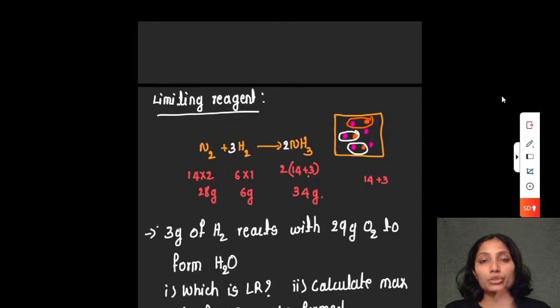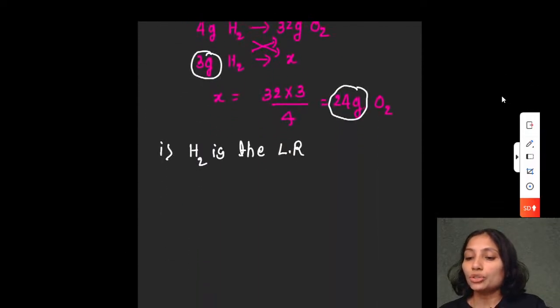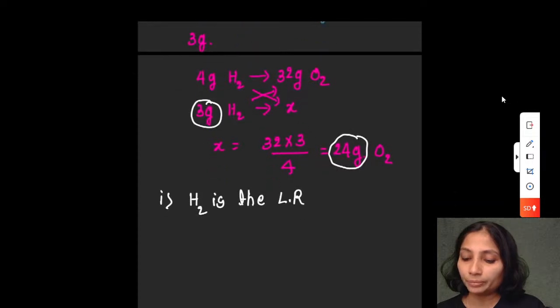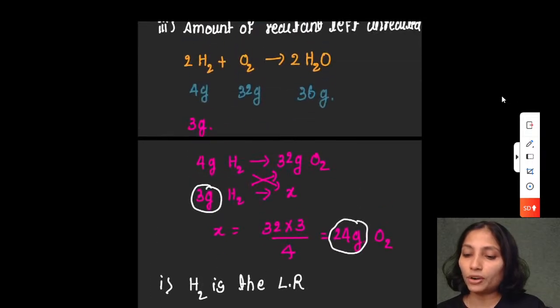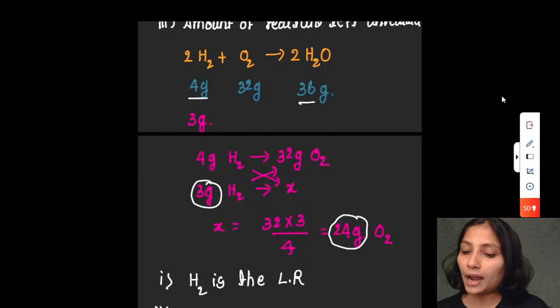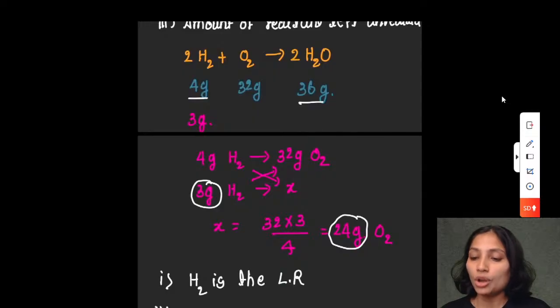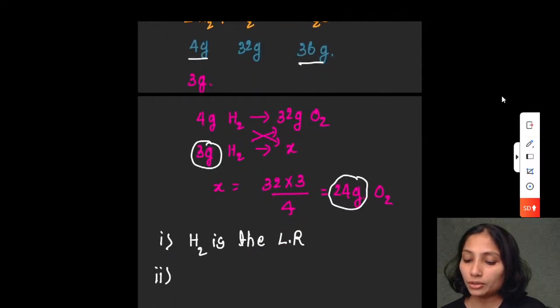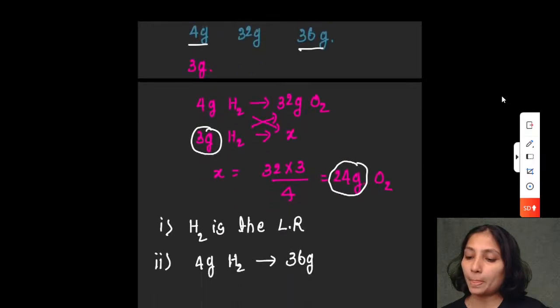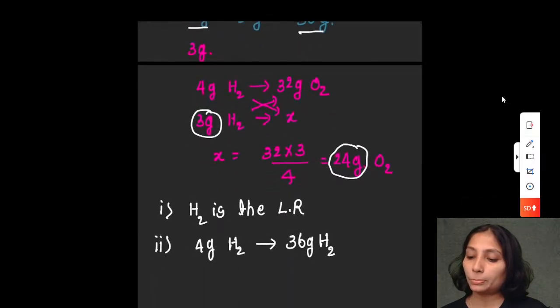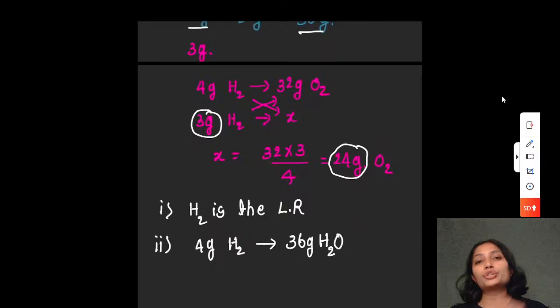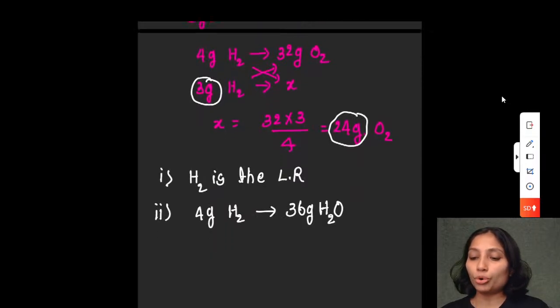In the same way here also, hydrogen is the limiting reagent, so product formed depends on it. Based on the stoichiometry, we take H2 and H2O because the limiting reagent is H2. 4 gram of H2 gives 36 gram H2O.